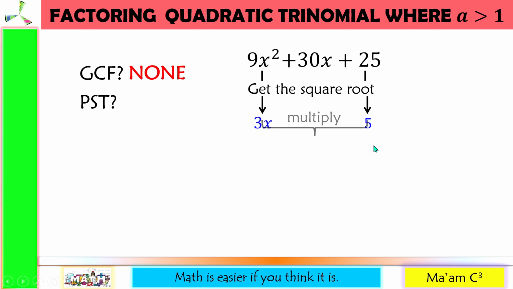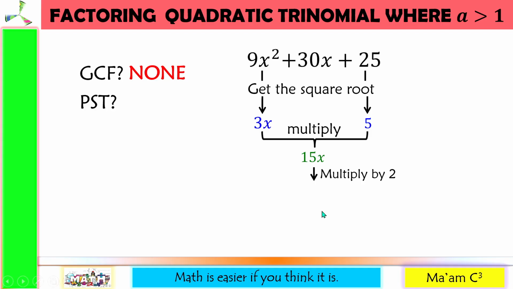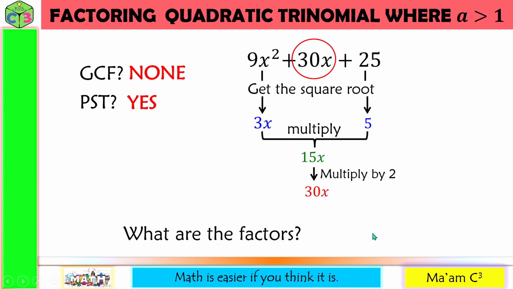Let us multiply them and it will give us 15x. Multiply this again by 2 and this will give us 30x. Notice that the product is the same as our middle term. Therefore, this trinomial is a PST. And if that's the case, we only need one set of parentheses.